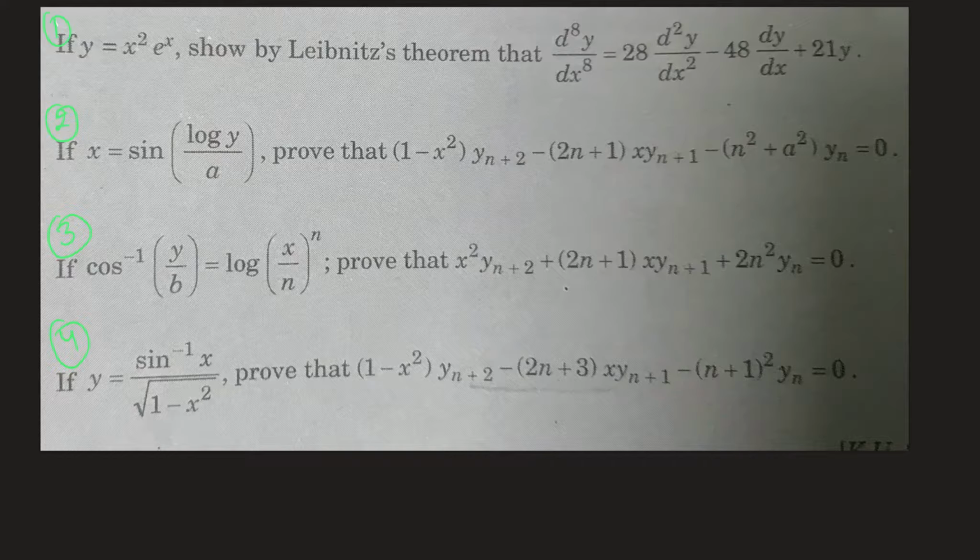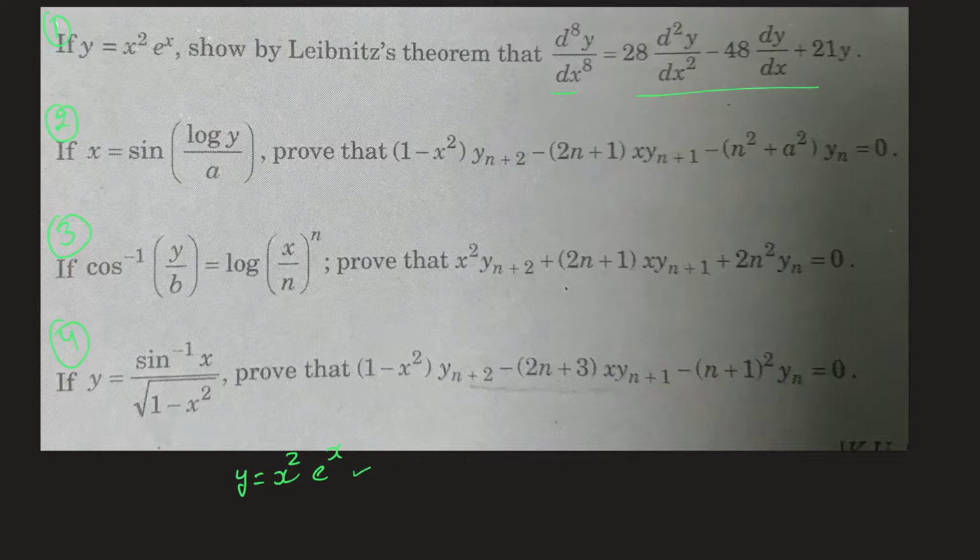Since we are given that y is equal to x square e raised to the power x, we have to prove that y8 is equal to this quantity. So we have no option but to apply the Leibniz theorem and find its nth order derivative.